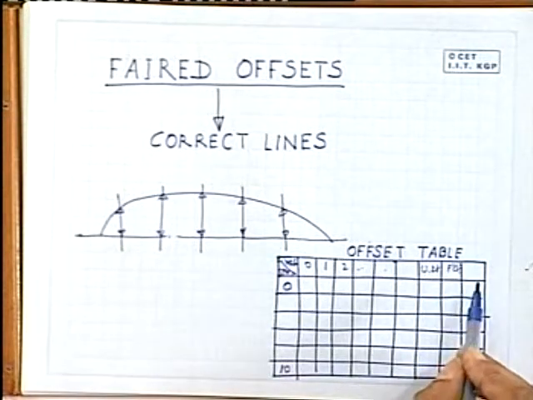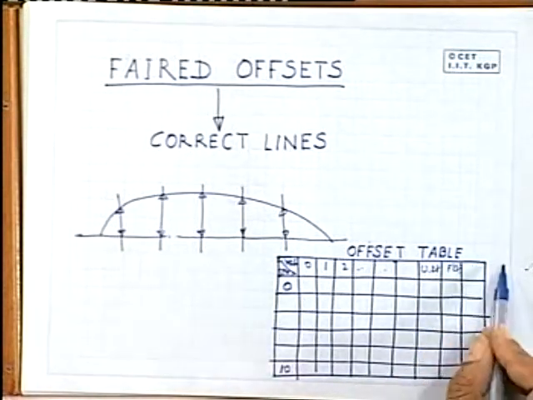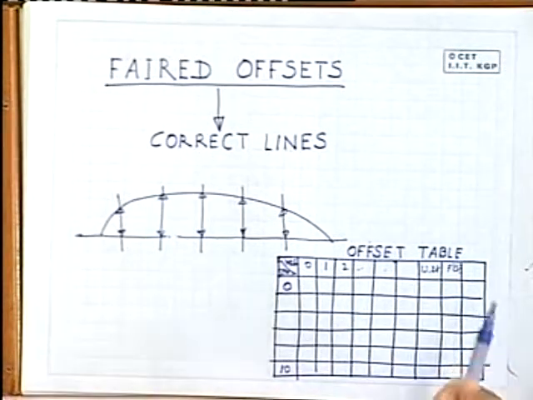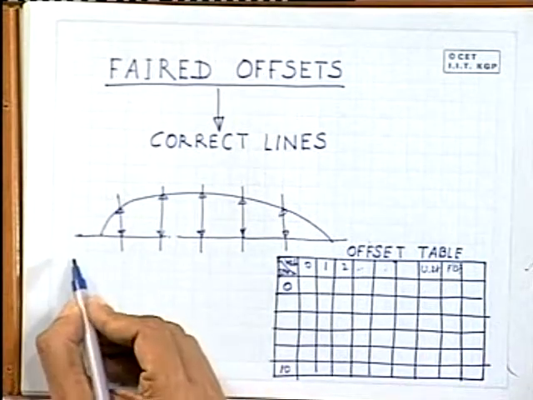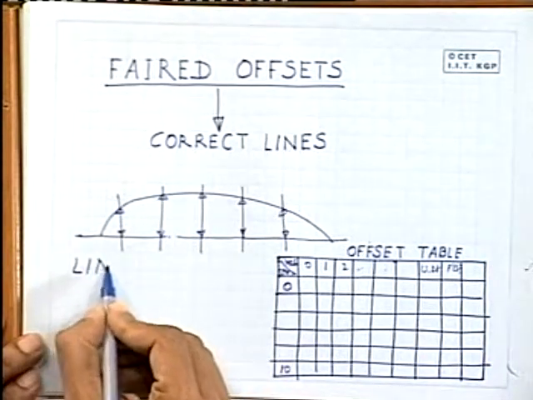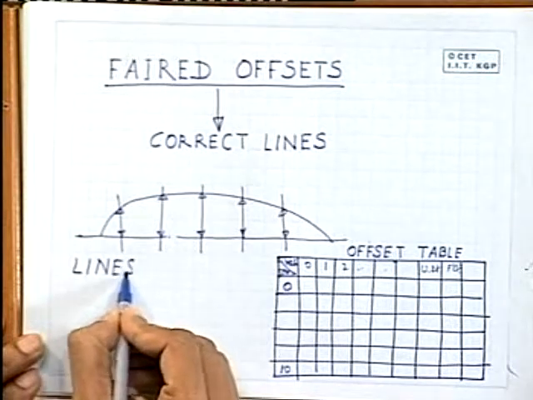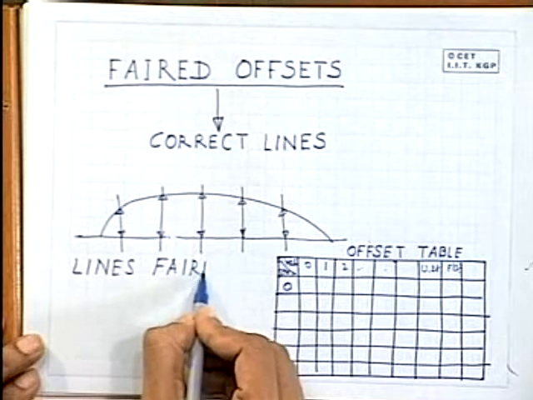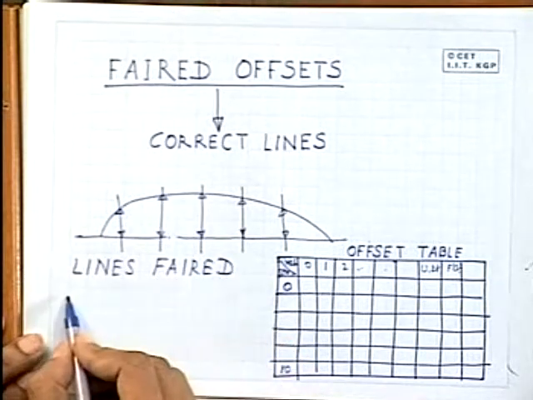Upper deck and forecastle height at the particular stations will also be shown in the offset table. So the offset table is very important, and only after the lines are faired, then the offset table is to be prepared.